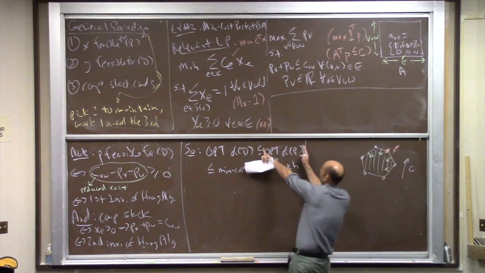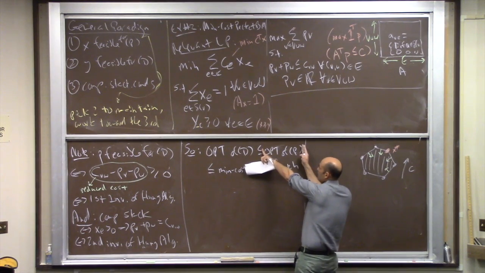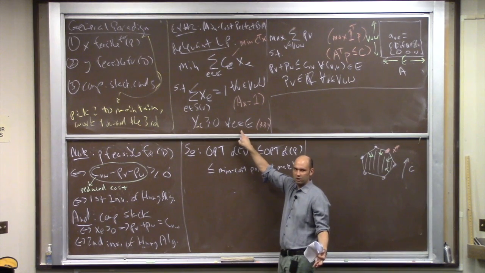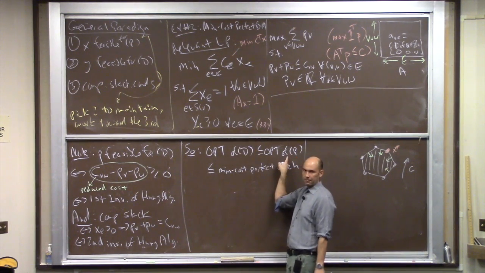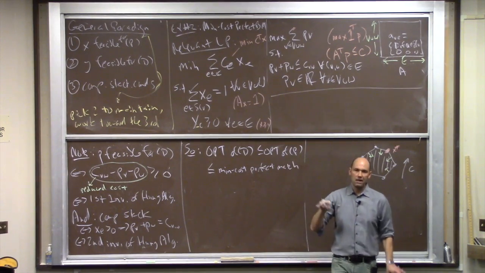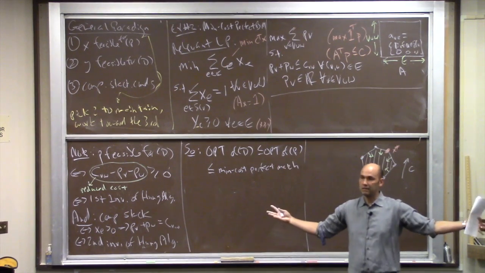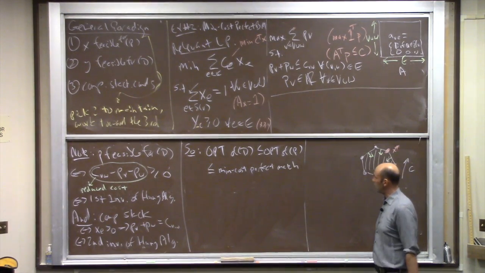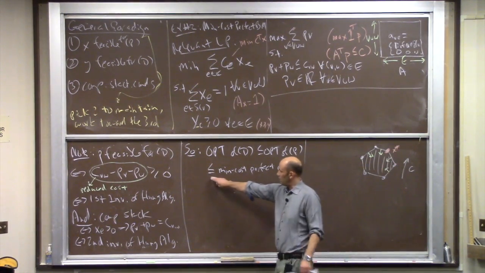What is this? This says iterate over every feasible solution to this linear program, which includes matchings as a special case, plus other fractional stuff, and pick the best one. So the linear program is minimizing over only more possible solutions than the perfect matchings, so the minimum is only going to be smaller. So that's why this inequality holds.